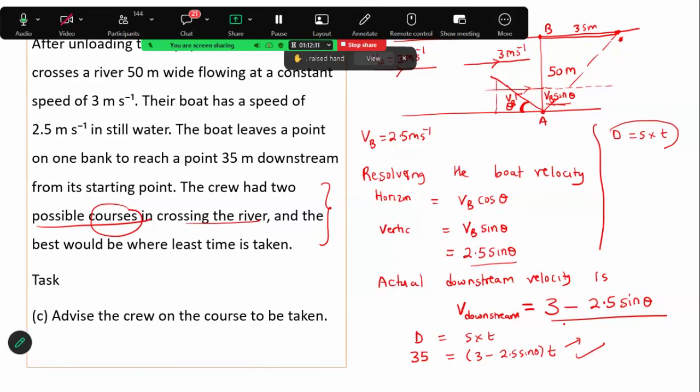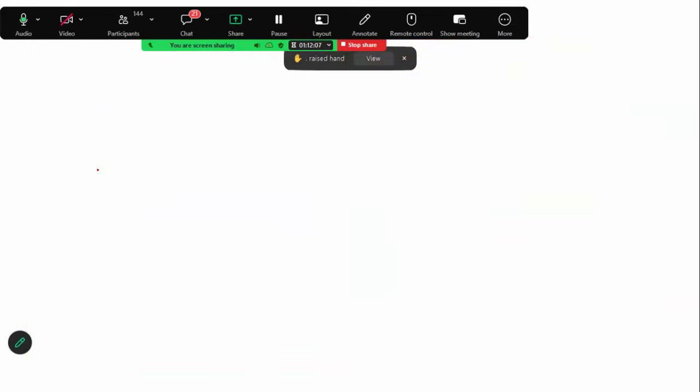So in order for you to get the time taken by the boat to travel, I'm going to come here and say that still distance is going to be my velocity times the time. But what distance is the boat supposed to take? That is supposed to be 50. And what velocity is that? That's going to be 2.5 cos of theta, then times the time. So what is our time?